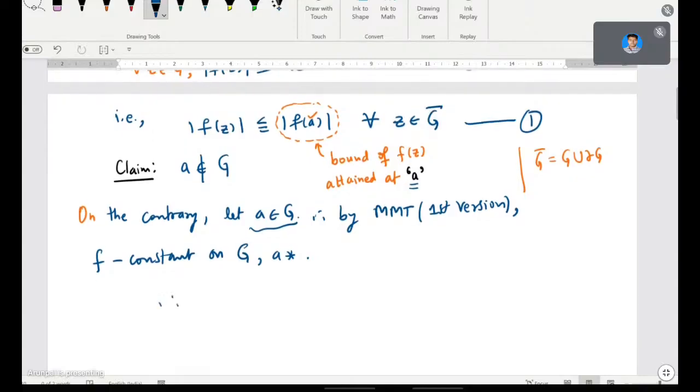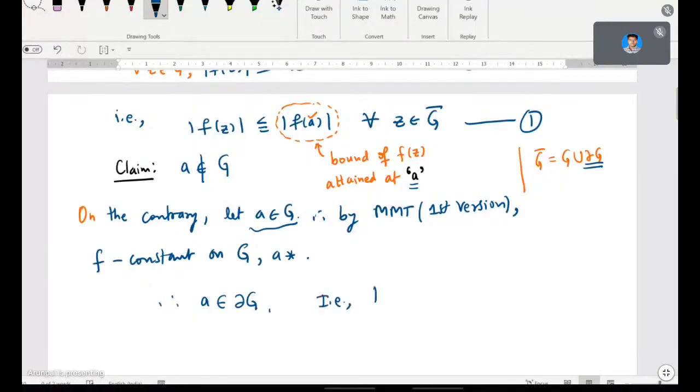So therefore, where will this a be? Certainly you are left with this only, because it is not in G, but ultimately a has to be in G closure. You can't go beyond G closure. So this means a belongs to the boundary of G. It means what, class?